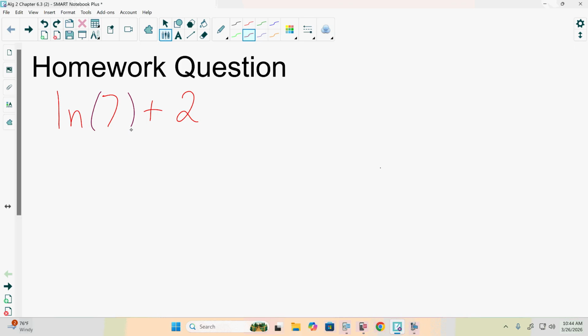I dislike this form because it's sometimes confusing. Unless we know that, we're going to want to do parentheses 7 plus 2 and take the natural log of 9, but it's actually the natural log of 7. Once we get that decimal approximation, then we add 2 to it.